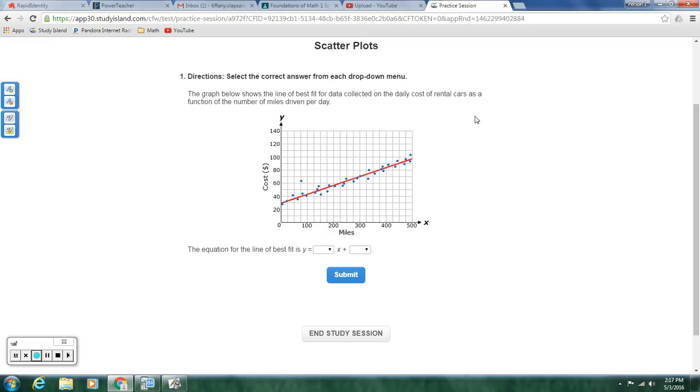Alright, scatterplot. The equation for the line of best fit is, now remember, the one is in front of the X. Technically, yes, but right here, what's the number in front of the X, really? What do we call this form?